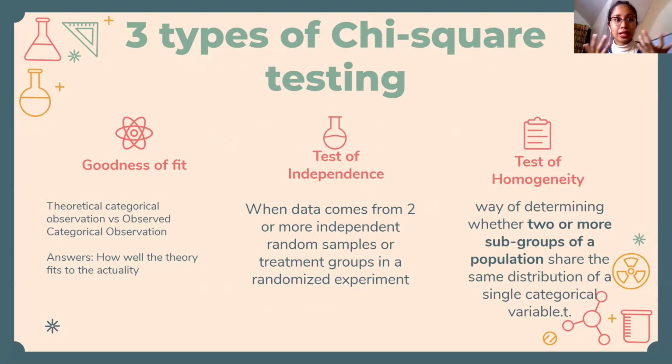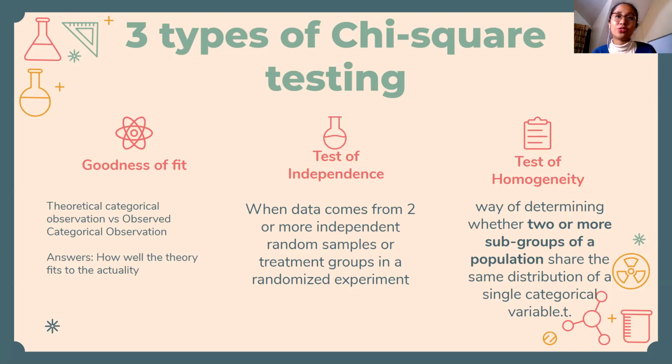In the given, you will see that there are observed values and expected values. Yung observed value, yun yung observed categorical observation, and we have expected values, which are your theoretical categorical observation. So we are assessing how does the variables fit to our expected values. Anyway, marami tayong example ng goodness of fit.